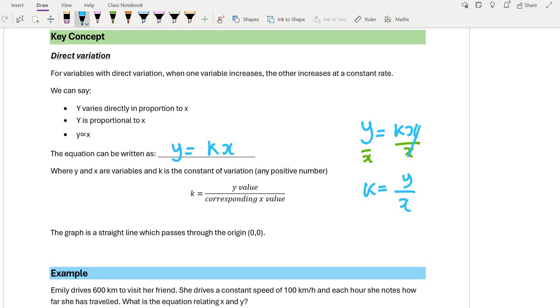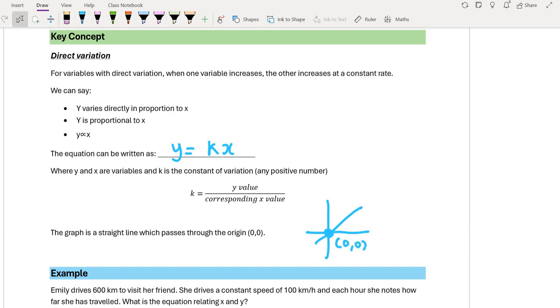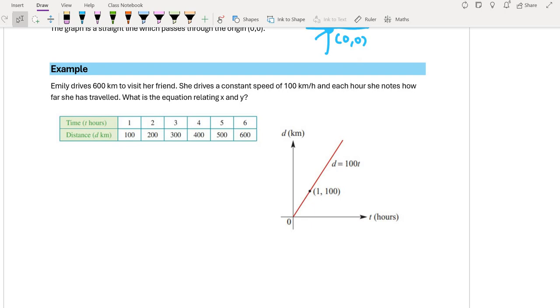So if we have the y value and the x value, and we do y over x, we can find the k value as well. And if we have a direct variation and we graph it, it will always go through the origin where the values are 0, 0 for x and y.